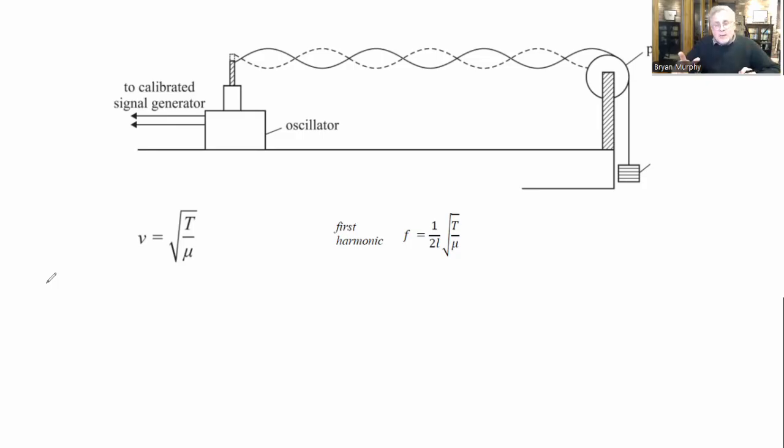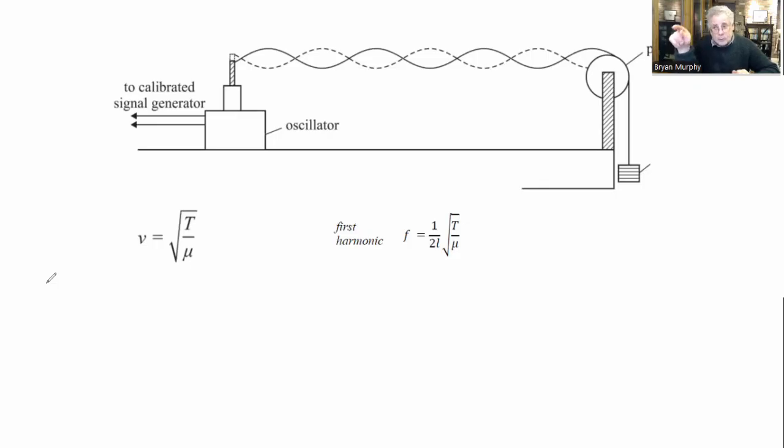Now, AQA also, and in other questions on other examples, maybe they give more. I should have checked the formula booklet, but they give that formula. F, the frequency, is 1/2L times the square root of T over mu for the first harmonic. So if we went back to that other one where you've got the one loop, that is the first harmonic, and that formula works for it.